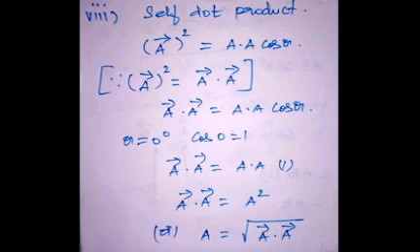Since the angle is 0 degrees, cos theta equals 1. And we get A vector dot A vector equal to A dot A. Since A dot A equals A square, we can move the square to the opposite side, and we get A equal to square root of A vector dot A vector. So this is represented as the norm of the vector.